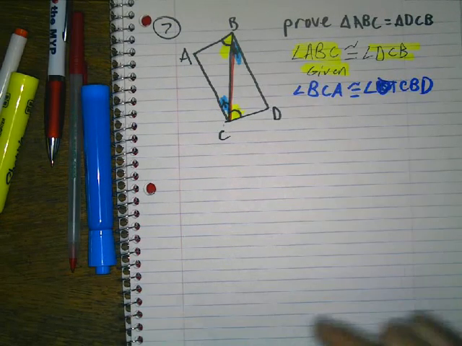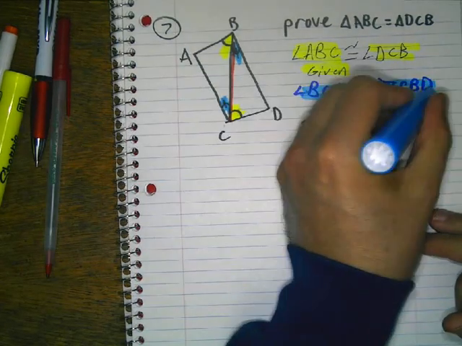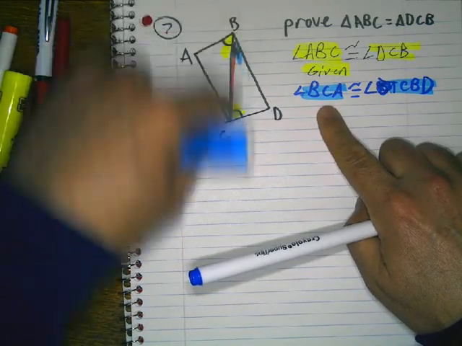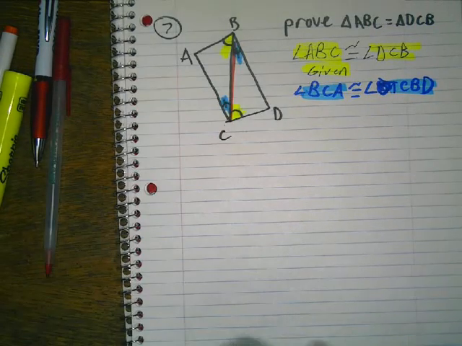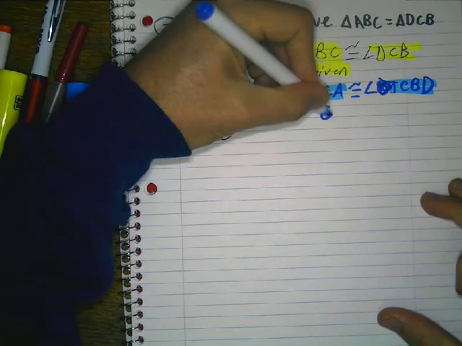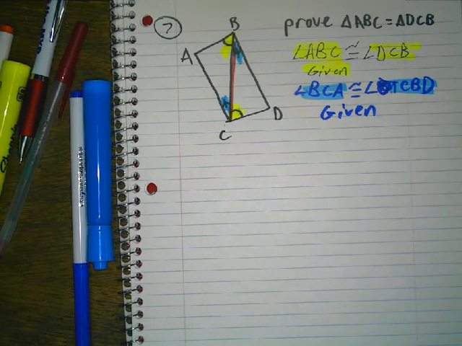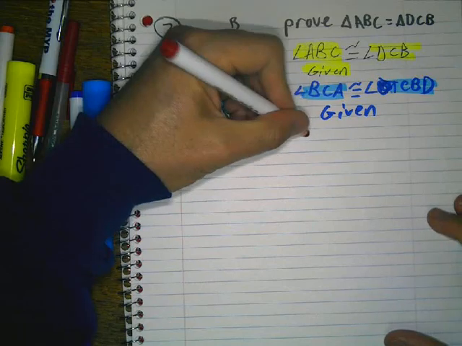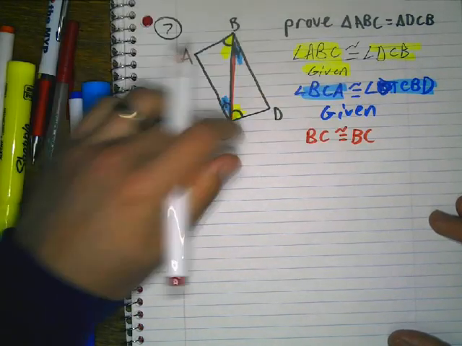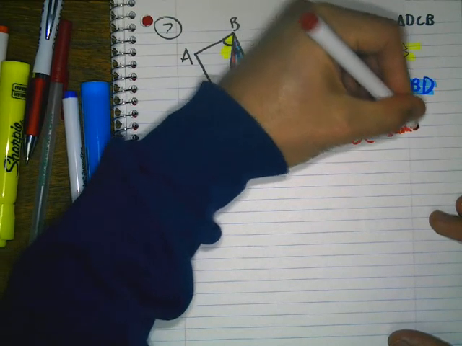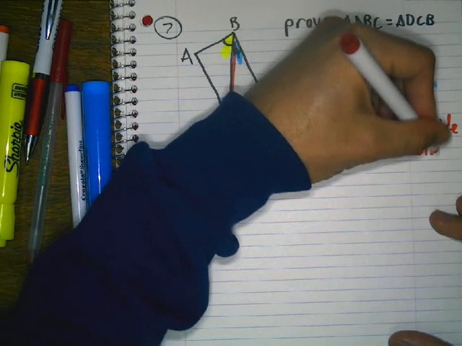These are the light blue angles, BCA and CBD. And those are given because of the markings. And then the red one, BC, is congruent to BC, and that's on the same side on both triangles.